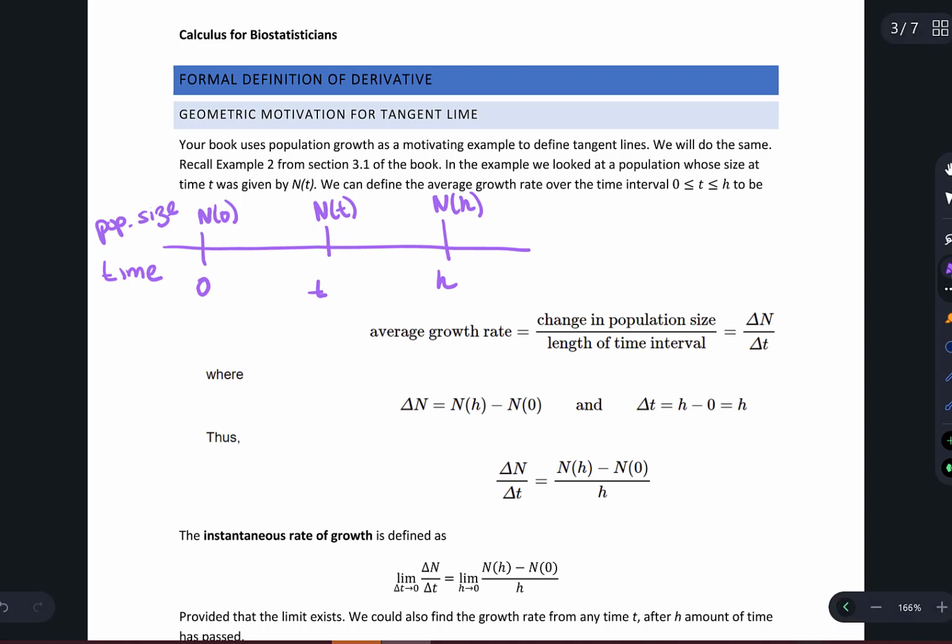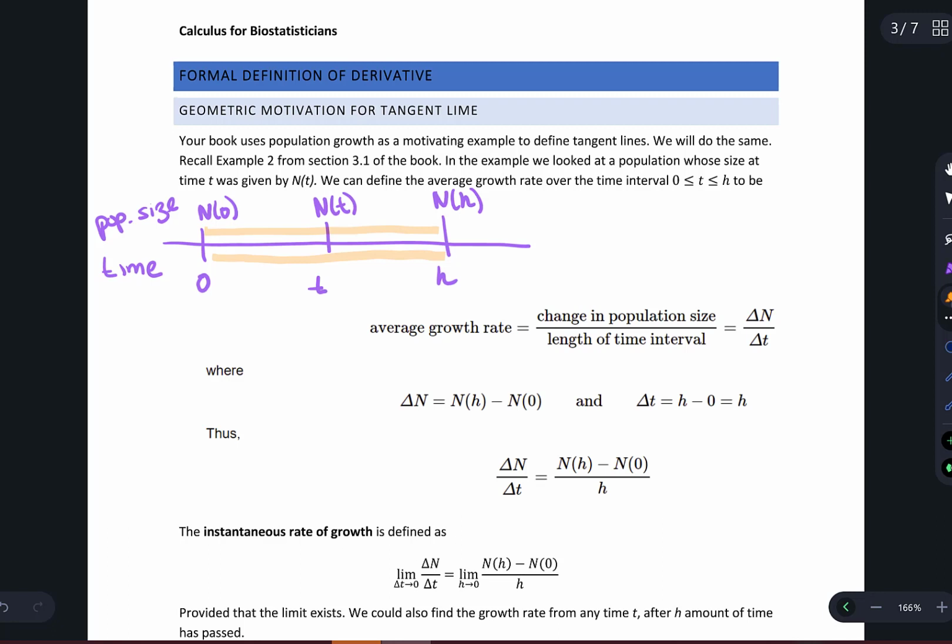Looking at this timeline, we want to see how much the population size changed, in other words the top part of the interval, divided by how much time has actually passed. A common notation used when we talk about a change is delta.